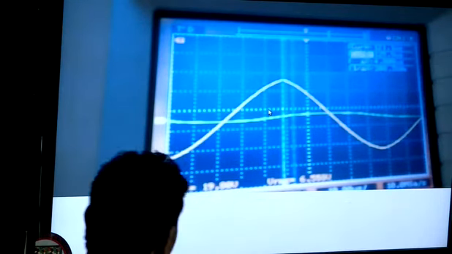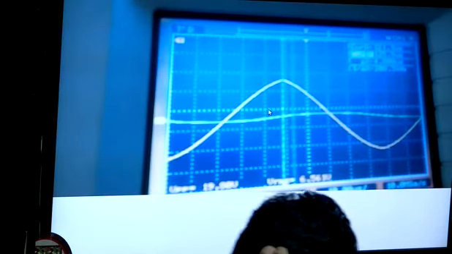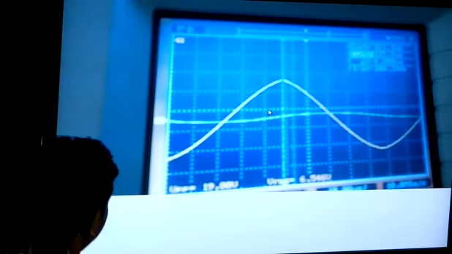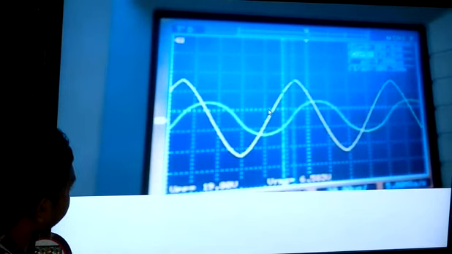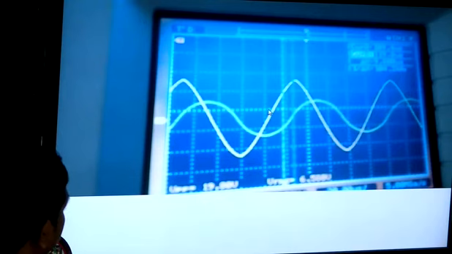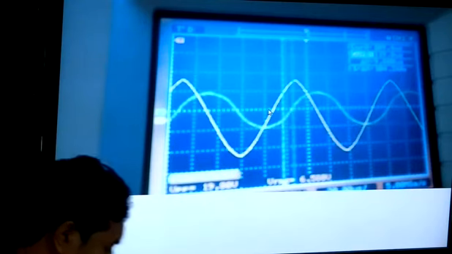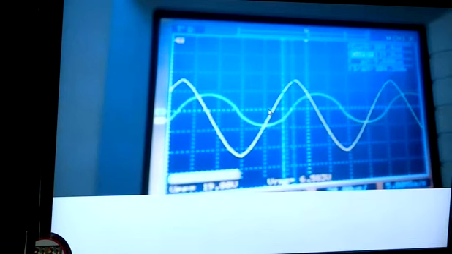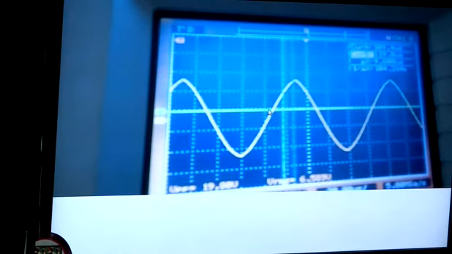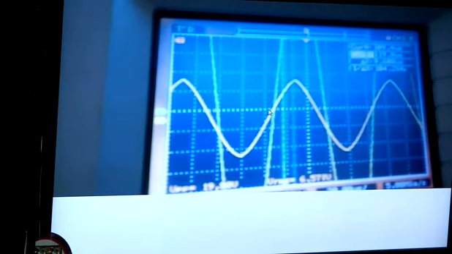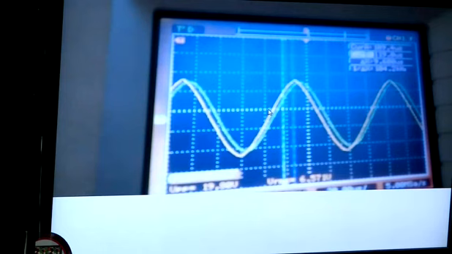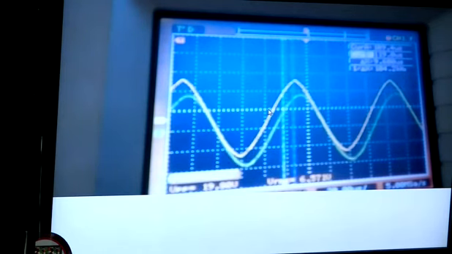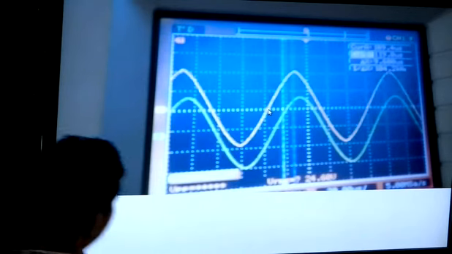Let's also verify the peak. This one. How much is the magnitude? So check with the connections. Okay, you see it is slightly larger now.